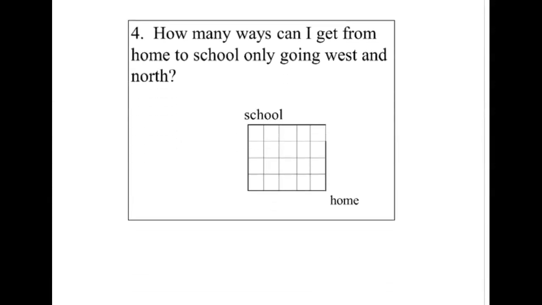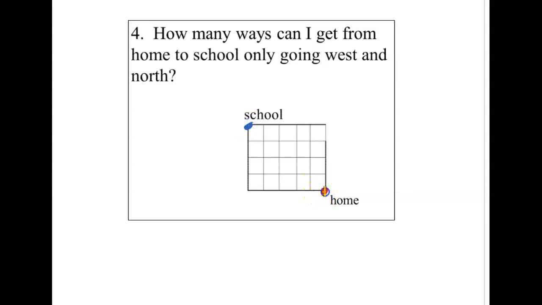Let's look at a different type of problem. In problem number 4, how many ways can I go from home to school only going west and north? I'm starting at home and I want to go to school. How many ways can I accomplish that?